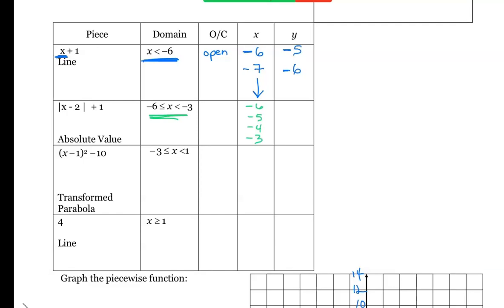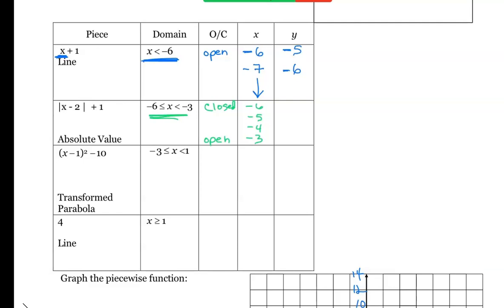Because -6 says x has to be greater than or equal to that, this is closed, only at -6. Then x is less than -3, that makes this open. Okay, when you have a sandwich, you're never going to have arrowheads attached. That is being sandwiched or stopped. It starts and it ends. So there's no extension like I have in the first piece.